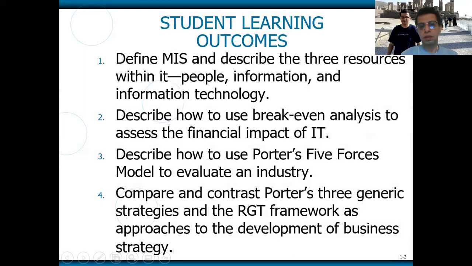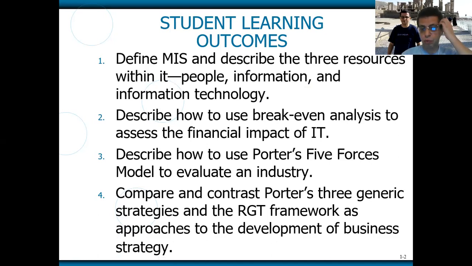Now, the outcomes would be to define MIS, or Management Information System, and we will describe in this chapter the three resources within it: the people, information, and information technology. We're also going to describe how to use break-even analysis to assess the financial impact of IT, and I will also show you what a regular consultant would do for such things, away from the book.